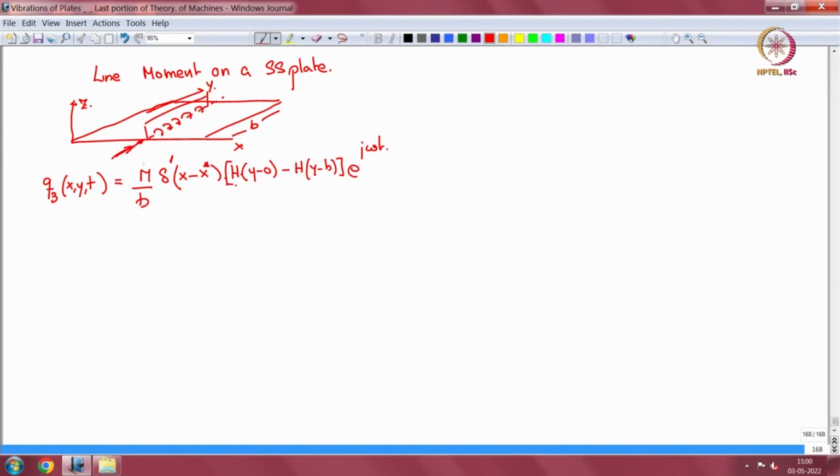So this moment is force into length, this b gives me one length, this delta dash gives me length squared. So I have force over unit area. So units are also okay.